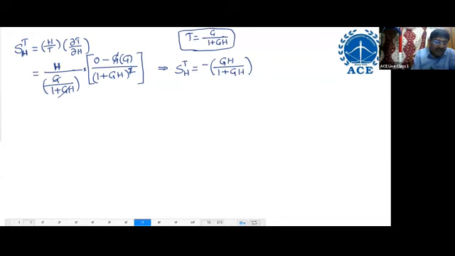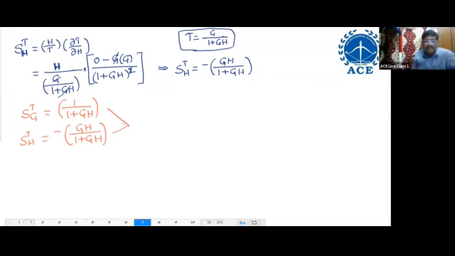STG we got as 1 by 1 plus GH, and STH we got as minus of GH by 1 plus GH. You compare these two, which is greater? STG or STH?